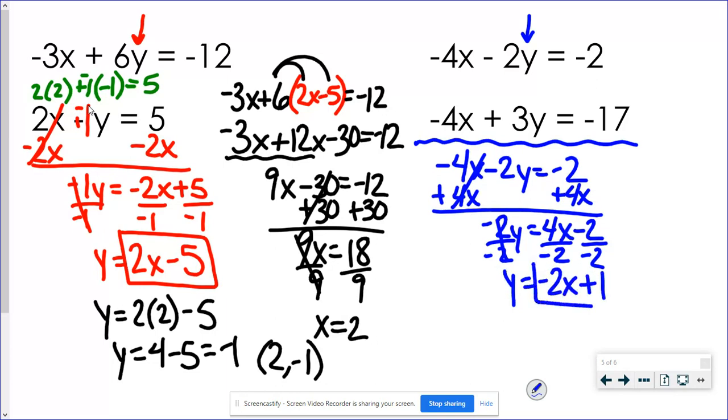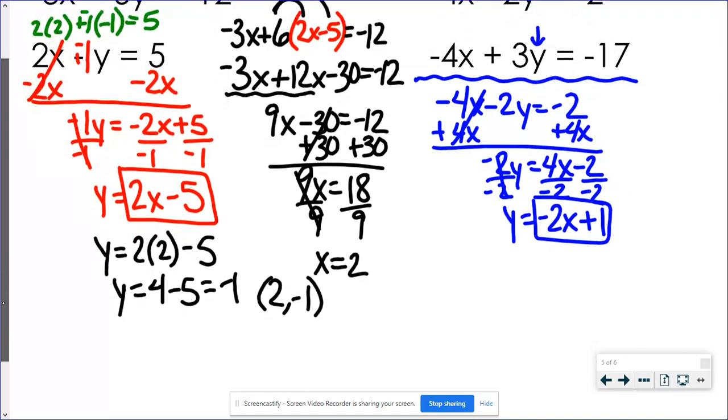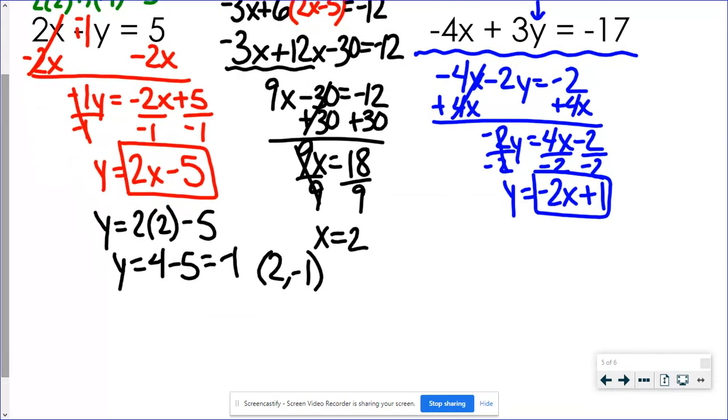Now that's my y. That has to go into the other equation, the second equation, where the y is, right there. So that equation is going to be -4x plus 3 times, here's what the y was, equals -17.